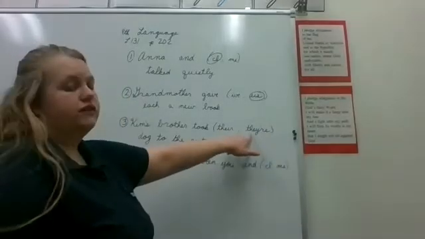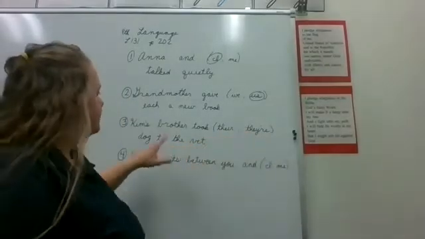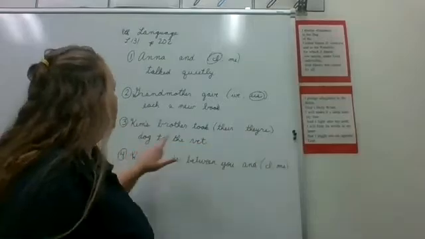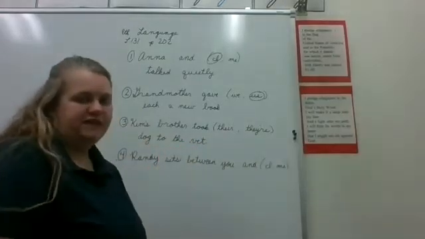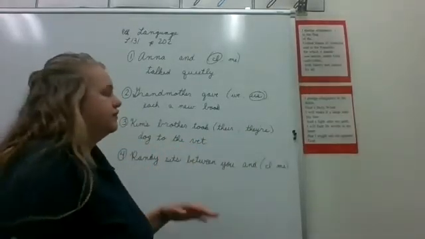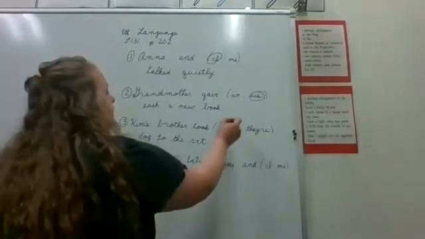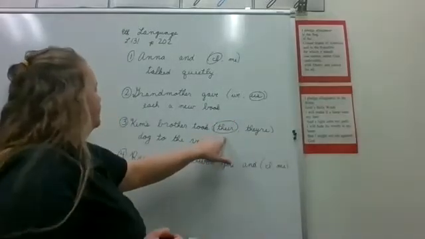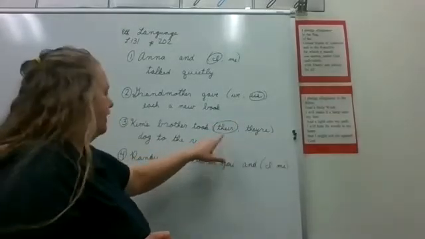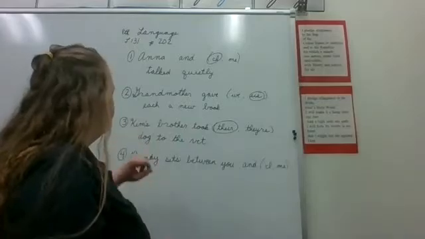Remember, we can check this one by saying they are. So let's try that. Kim's brother took they are dog to the vet. Does that make sense? No, it doesn't. So we know that it wouldn't be this one. It would be this their, okay? So their being the possessive pronoun for their dog, okay?